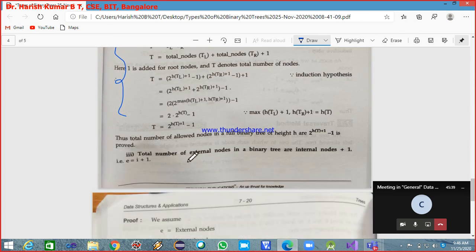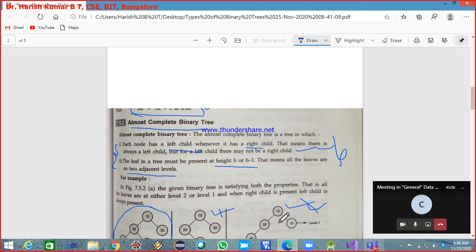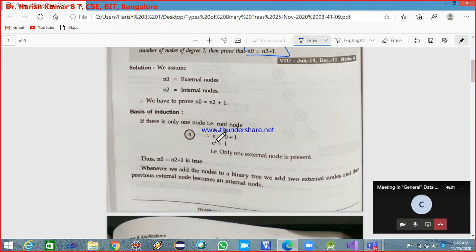So if we just go into this. Before that, let me check what is the third property. The total number of external nodes in the binary tree is internal nodes plus 1. E is external nodes, I is internal nodes. E is equal to I plus 1. I'll show you from this. Here, we have already understood this: the total number of external nodes is equal to the total number of internal nodes plus 1.